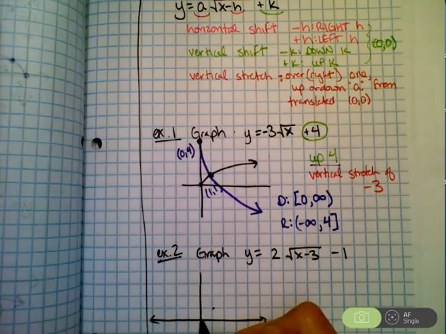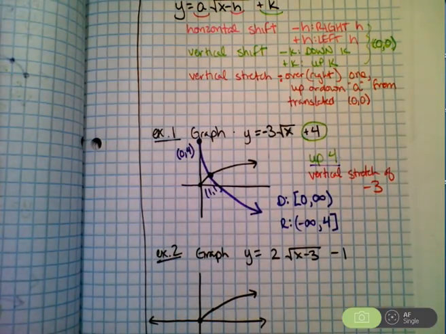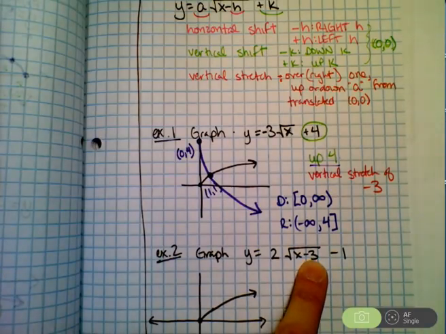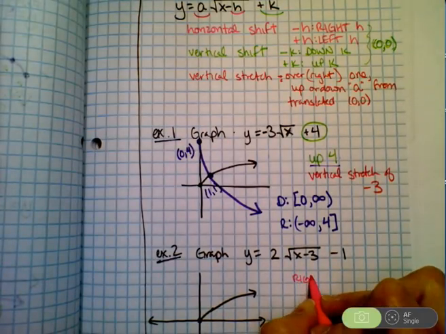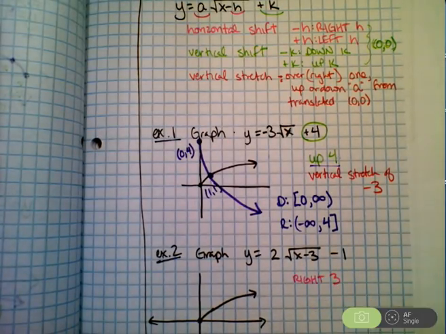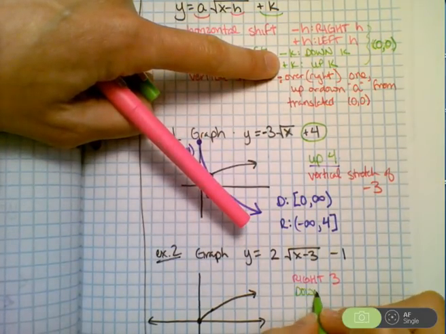So here's my original function, 0, 0, 1, 1. That's what I have to move. Think about how I'm going to move it. This time I have this -3 on the inside, so I'm going to go right 3. I have this -1 on the outside, so I'm going to go down 1.